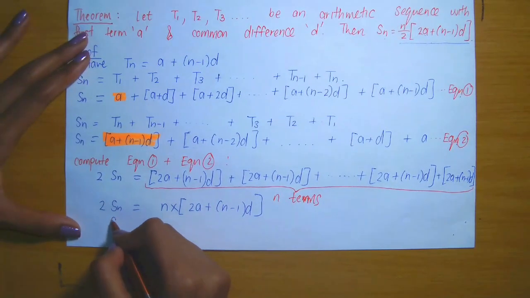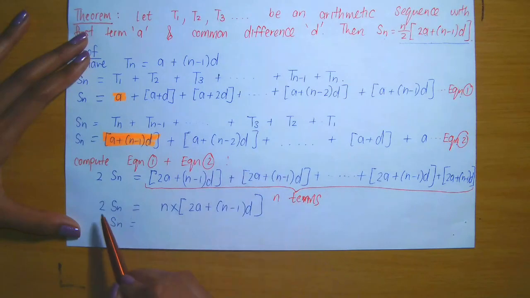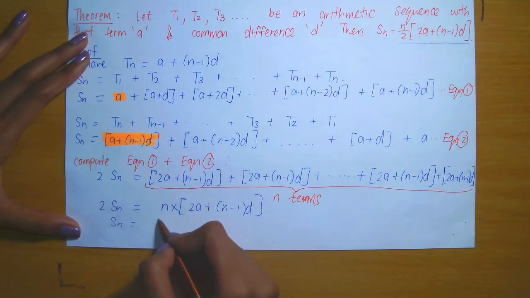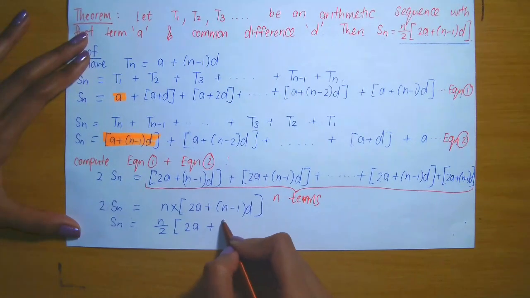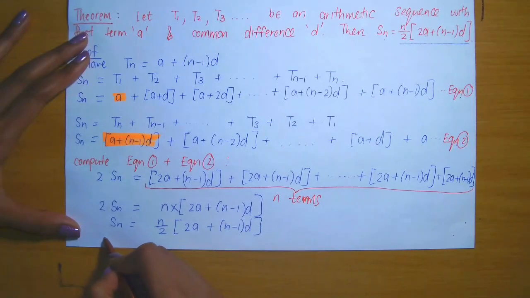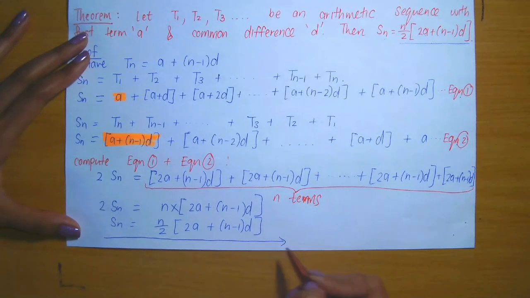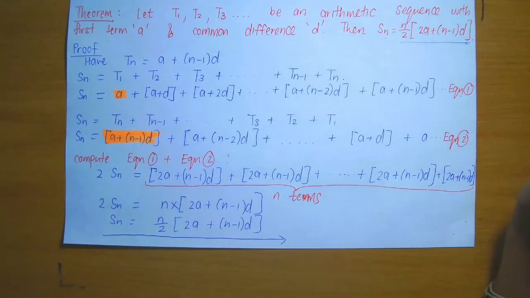So that means that Sn is then equal to whatever's on the right-hand side divided by 2. So that means it's n over 2 times 2a plus n minus 1 times d. And this is precisely the sum to n terms formula which we were required to obtain. Right, so of course this was the strategy that Gauss had made famous.